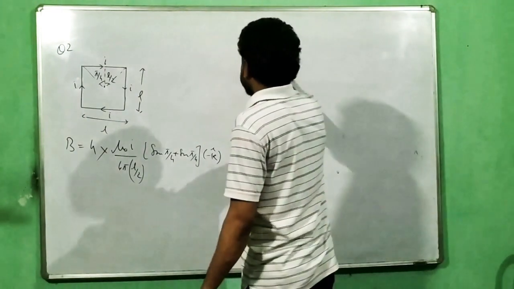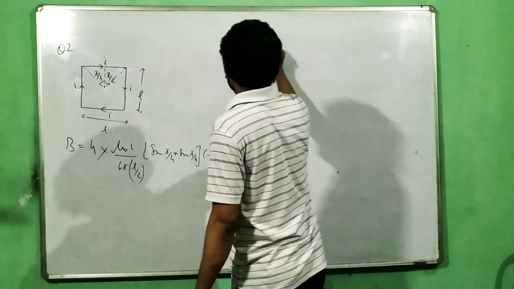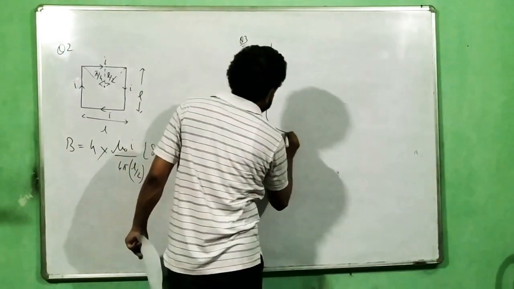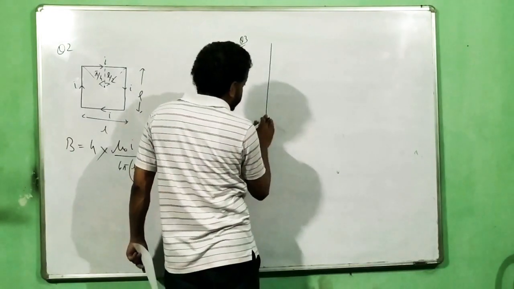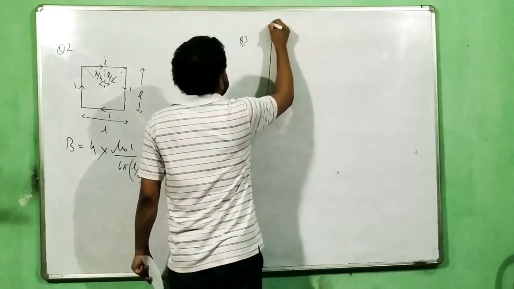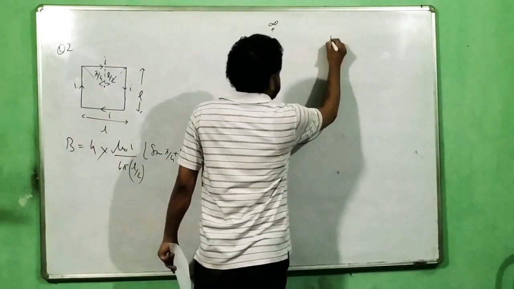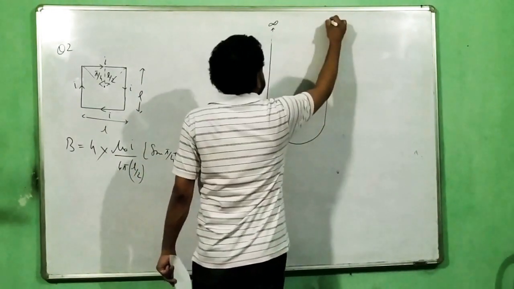Then we have this type of question. So this is a semi-infinite wire. It's coming from infinity, and then it takes a circular turn, and then from here it again goes to infinity.